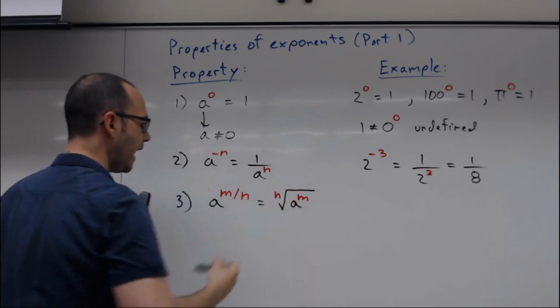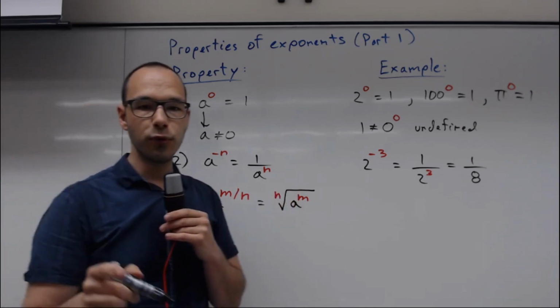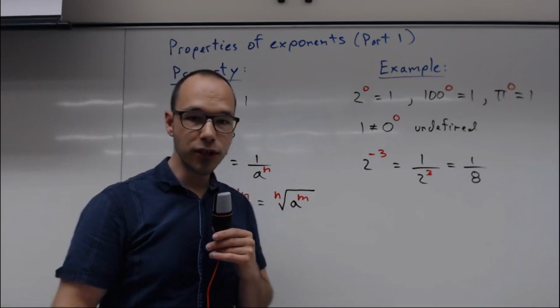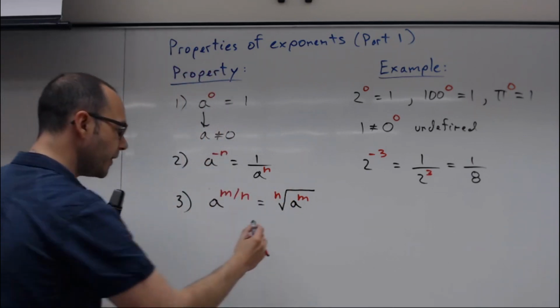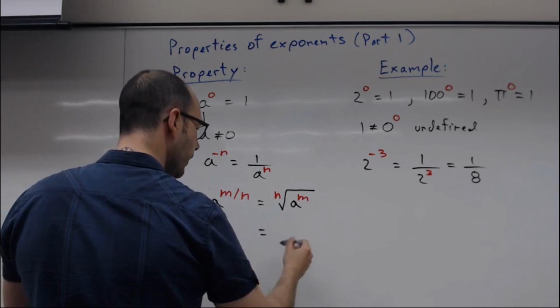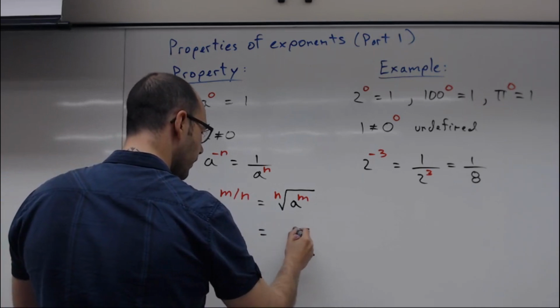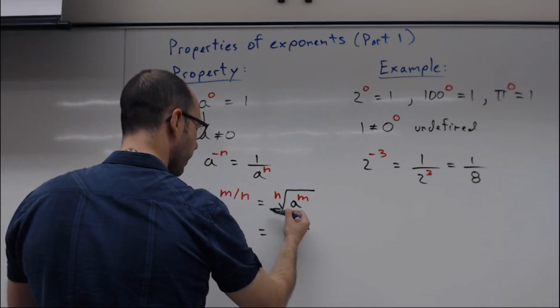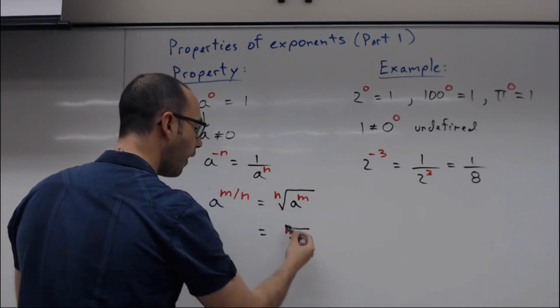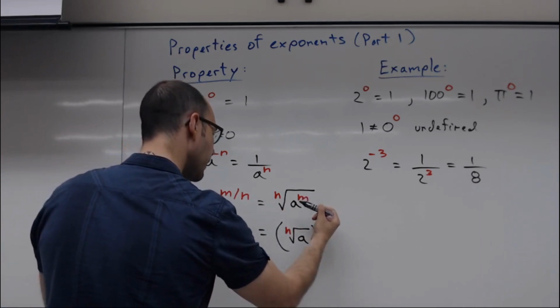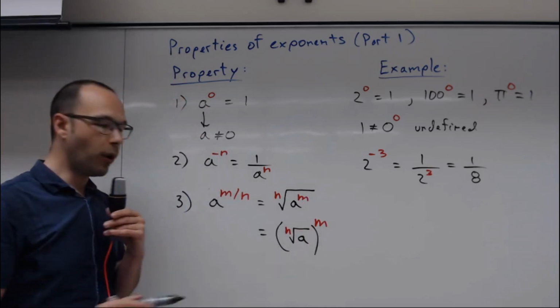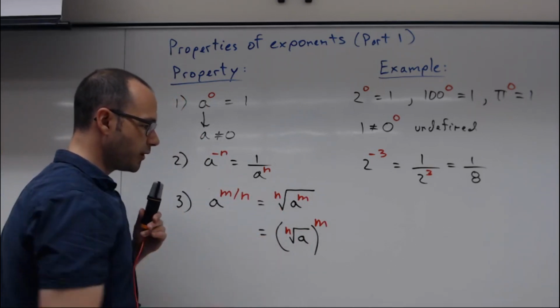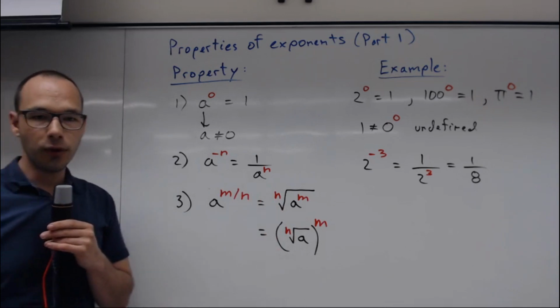So it's going to be n. So you're going to have a root. Whenever you have a fractional exponent, it's going to be a root. It's going to be also equal to the n root of a, all of that to the m power, like this. So both of these expressions are equivalent forms.